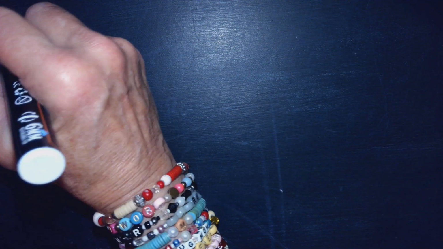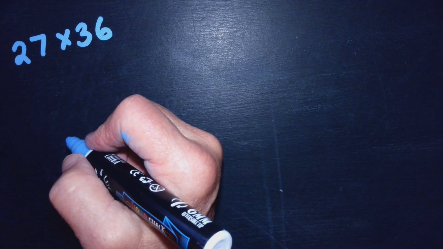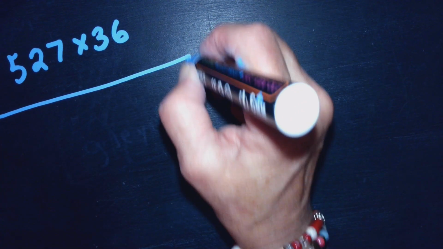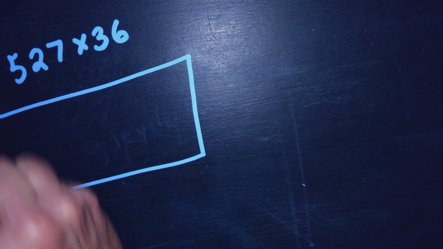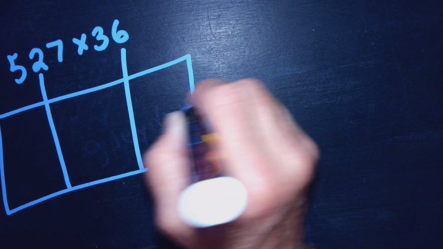Next, we are going to do 527 times 36. So when I make my area model, I have to make a 3 by 2 box.